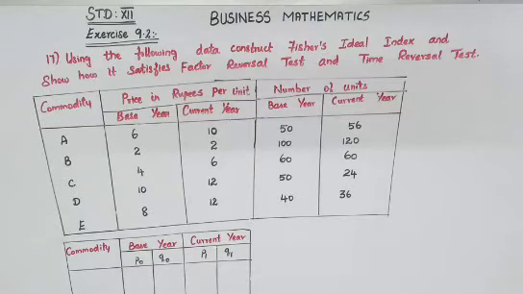17th question. Using the following data, construct Fisher's ideal index and show that it satisfies factor reversal test and time reversal test. Okay, so the question is, you have to construct a Fisher's ideal index and show that the factor reversal test and the time reversal test are satisfied.